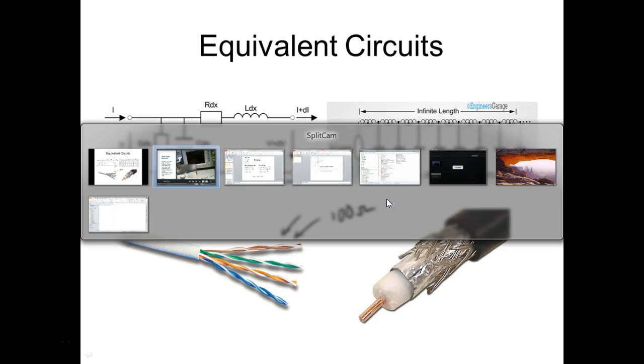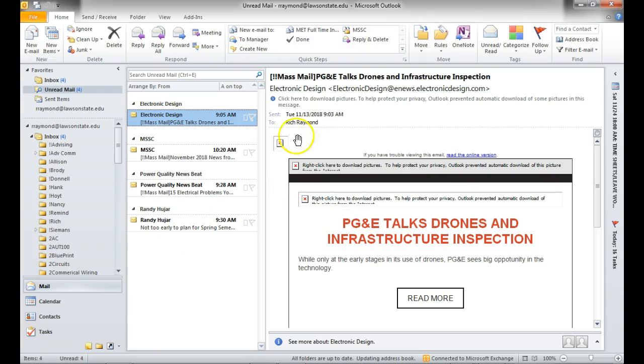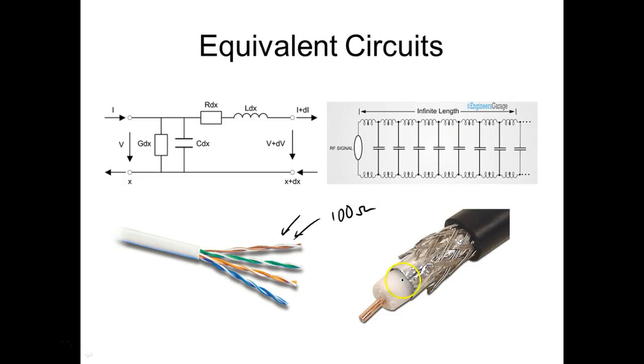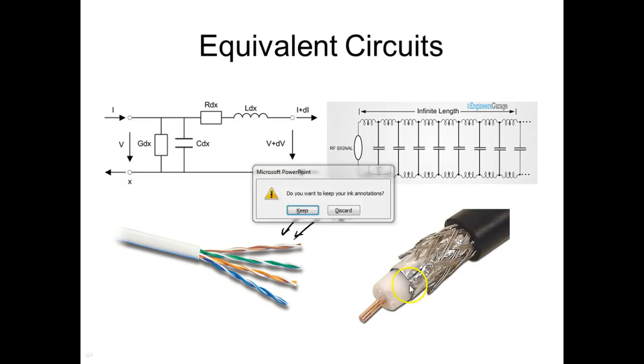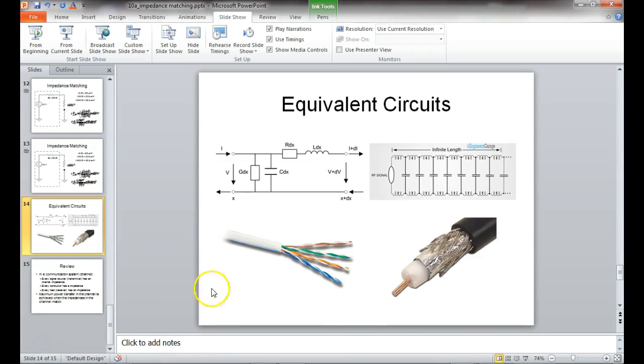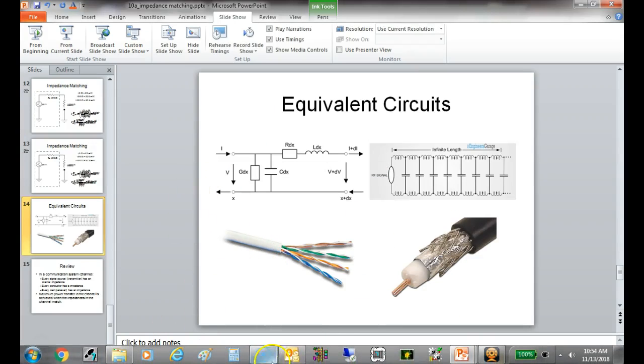So when we get into an amplifier, what we're concerned with is the impedance of the amplifier. So what's the input impedance of the amplifier?